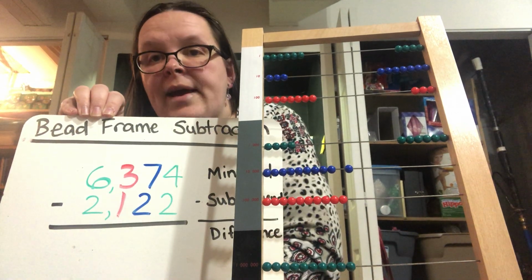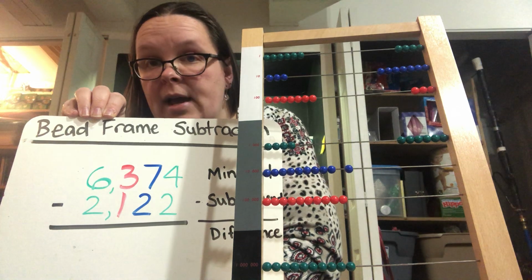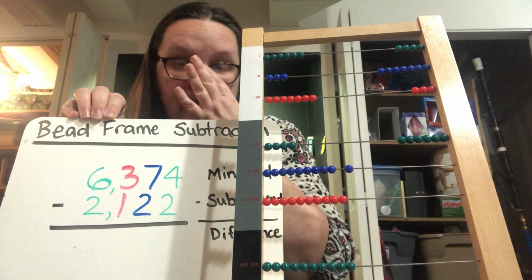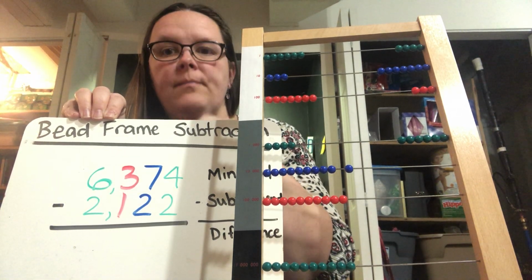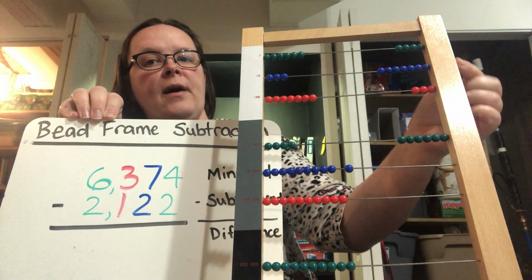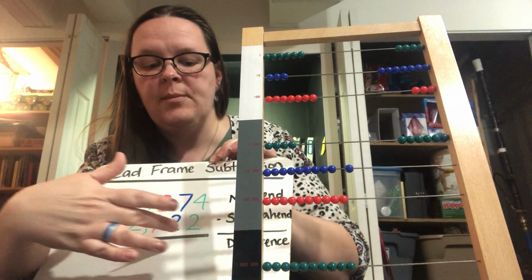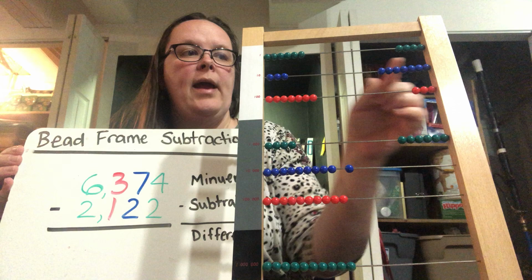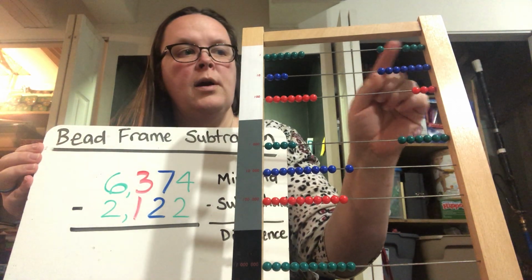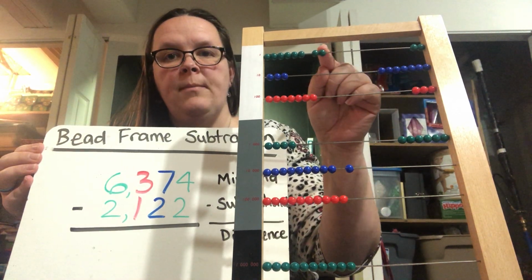Okay, now I'm going to take my subtrahend away, and this is static. I don't have to exchange anything. Starting with our units, I'm going to take 2 units away. 1, 2. And put them back.